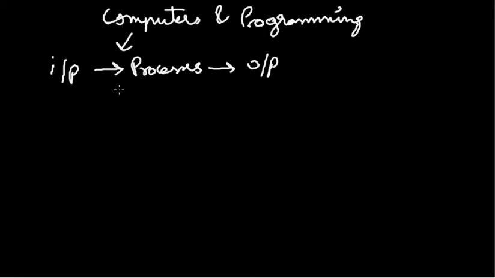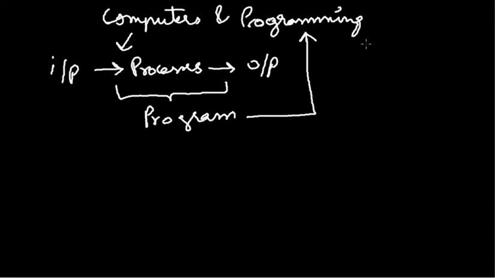So this processing part of how to convert the input to the output is specified by the program. This program is written in a language which we call a programming language.